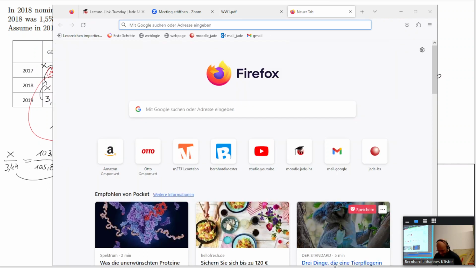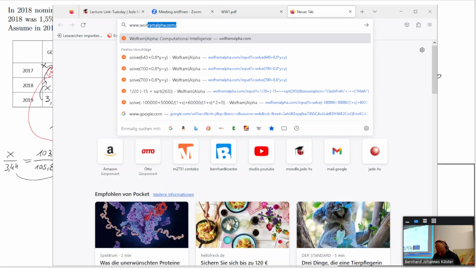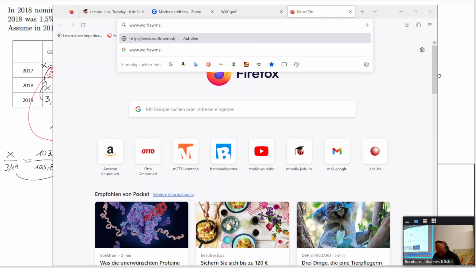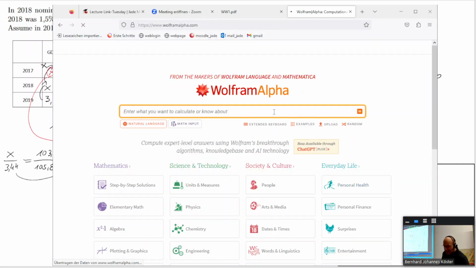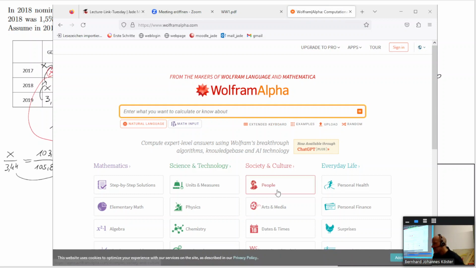Maybe you know this one. Hopefully I have already shown this. Well, this is a very, very powerful mathematical tool, a free front end on the internet. And there you can just say solve.